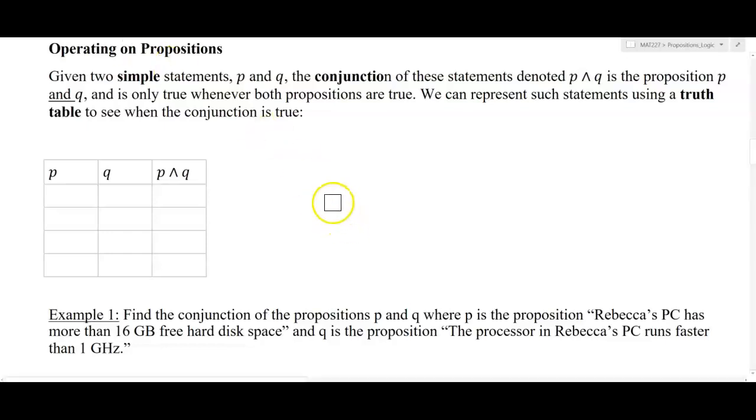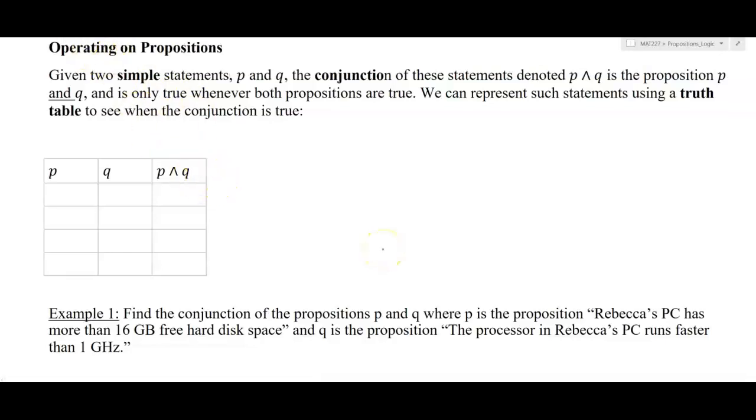Okay, so let's first of all start off with looking at P and Q and figuring out what the possibilities are for P and Q. When we look at the truth values of P and Q, now P and Q we've defined as propositions, and propositions are either true or false.